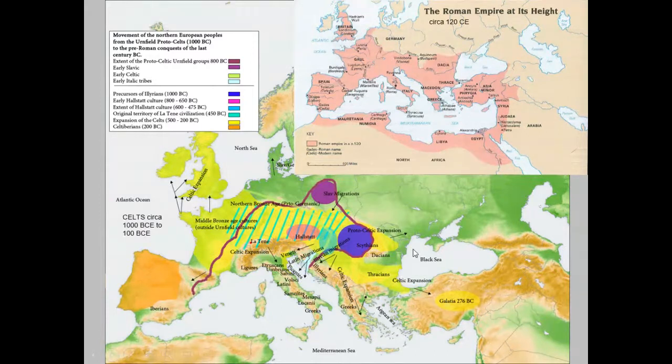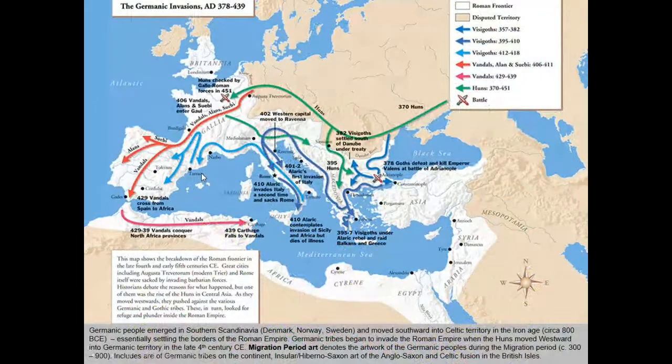So a lot of the land mass that we're looking at today is falling under the influence of Germanic tribes and Celtic tribes. The Germanic invasions you can see here in this map really do play a major part in understanding how the art of the Middle Ages comes about and why it looks so different.